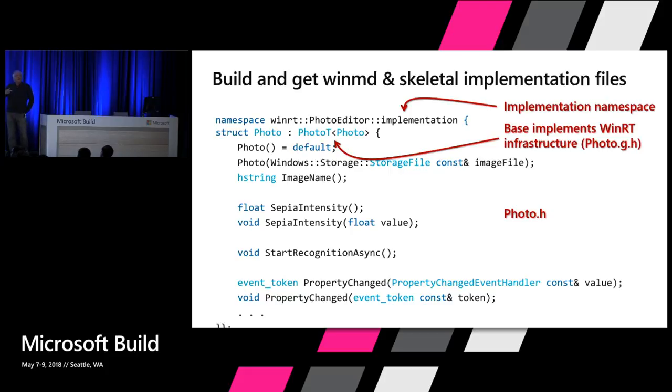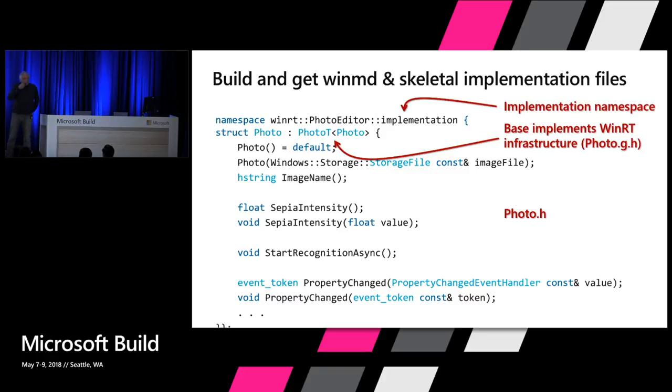When you add an IDL file to your project, similar to when you added a WinMD, we ran our compiler and generated headers for you. When you add an IDL file to your project, we run our compiler and generate an implementation for you, at least a skeletal implementation. So this is the skeletal implementation H file for that Windows runtime type description I wrote in IDL 3.0.